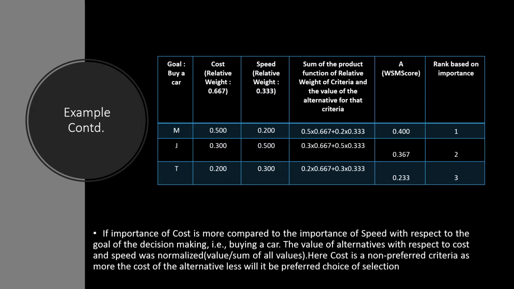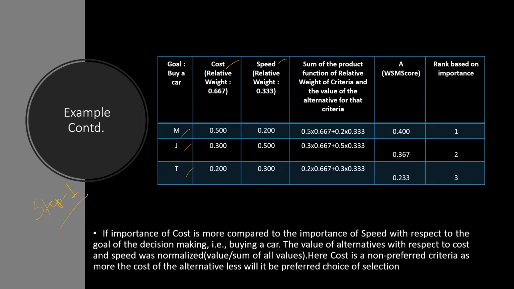Now you see, the values of both criteria, cost and speed, for Mercedes, Jaguar and Toyota are already given. Your first step will be to normalize these values, because you have to ultimately add both of them.